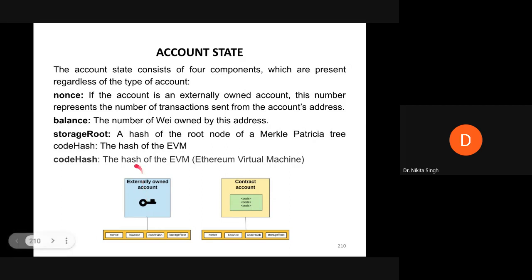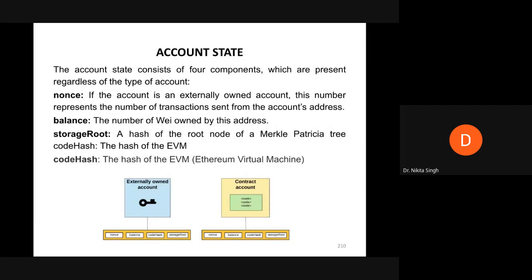An externally owned account can initiate transactions, that is, transfer ether from one account to another. But a contract account cannot initiate a transaction.